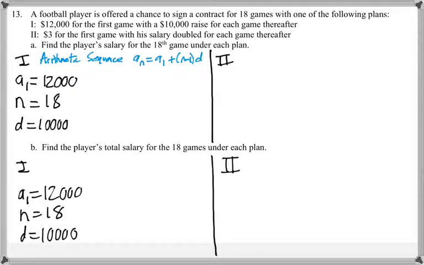Question B wants us to find the player's total salary for the 18 games. So that's summing up all of the different terms. So that would be an arithmetic series formula.